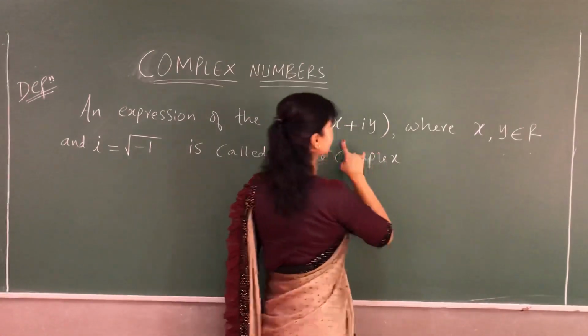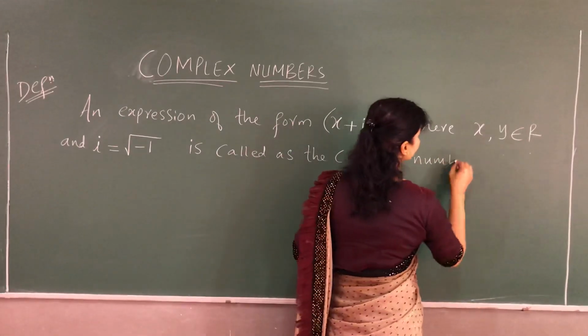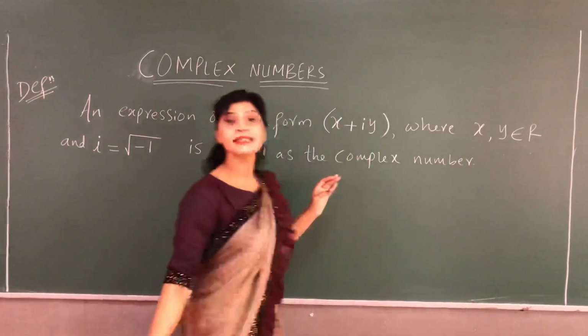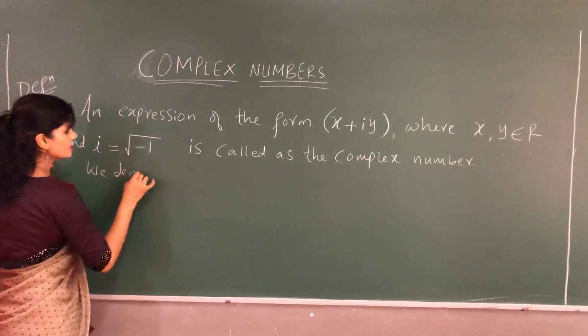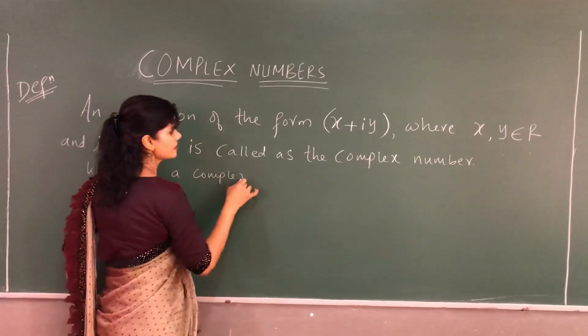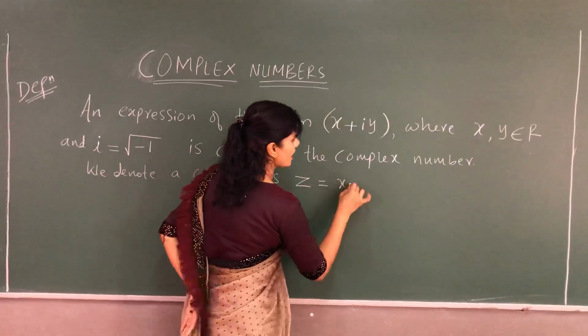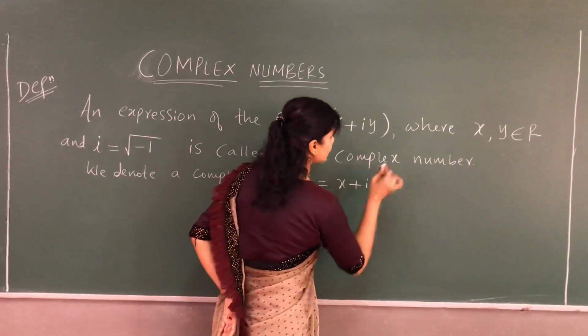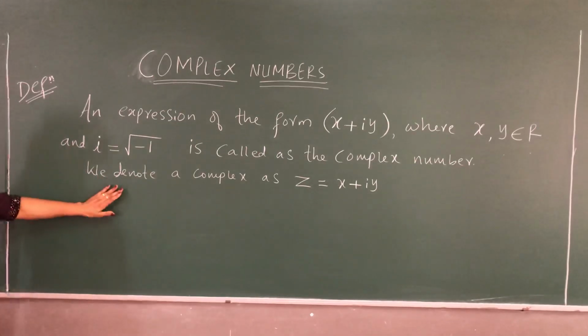This expression x plus iy is called a complex number, and we denote it as z. We denote a complex number as z. Z is equal to x plus iy. So this is the definition of a complex number.